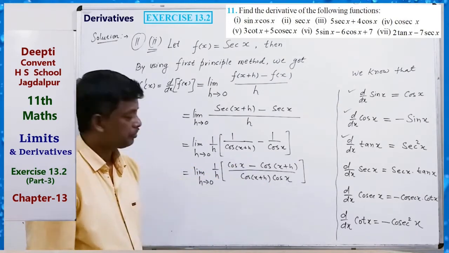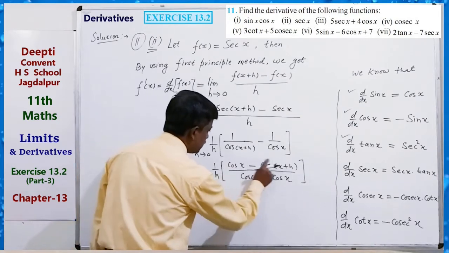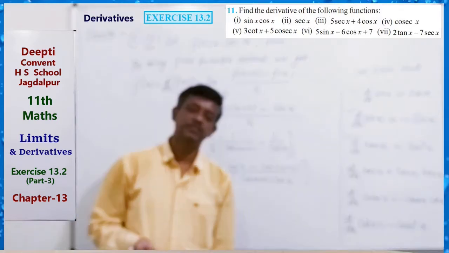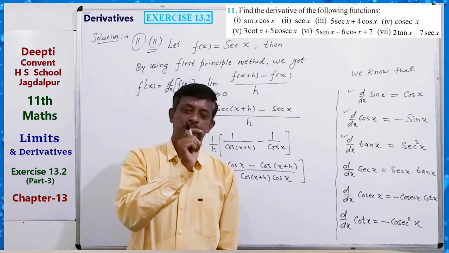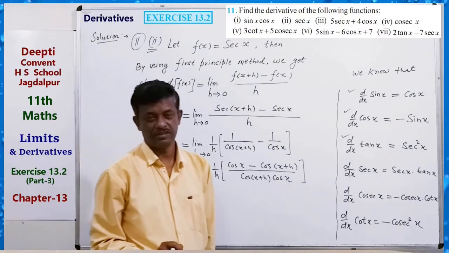And here, see that it is cos c minus cos d. We know the formula: cos c minus cos d equals minus 2 sin((c plus d) by 2) sin((c minus d) by 2). Clear?